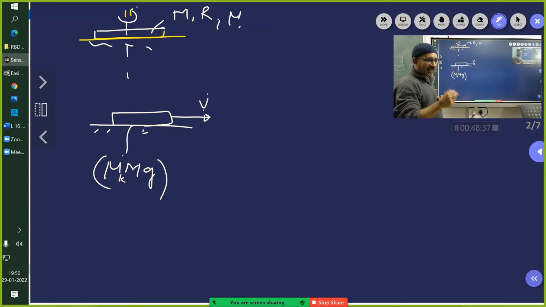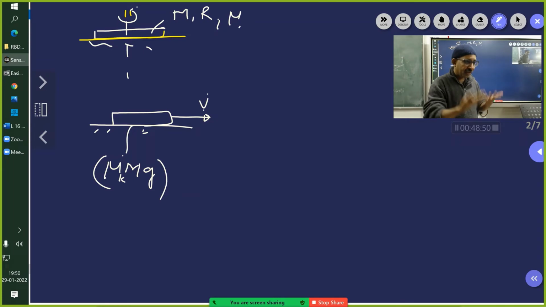But there is something very interesting when it is rotating. Normal is not the same? Be confident in whatever you are telling. Not the same means you can't take the same normal mg.